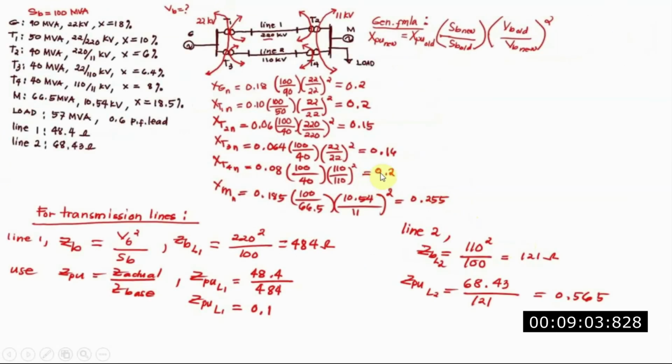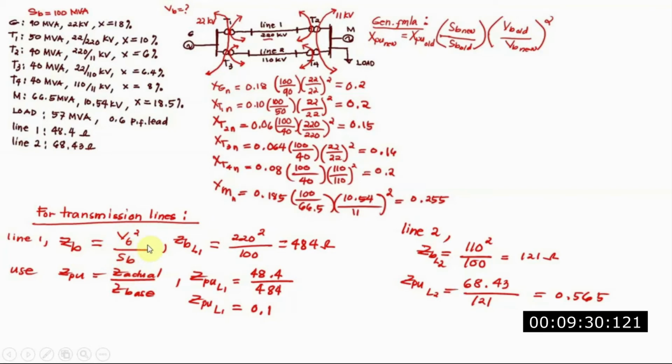So, we are now here. We also want to get the transmission lines. To be able to do that, for line 1, we have here 48.4 ohms. So we use the formula that the impedance base is equal to the voltage base squared divided by the apparent power base.